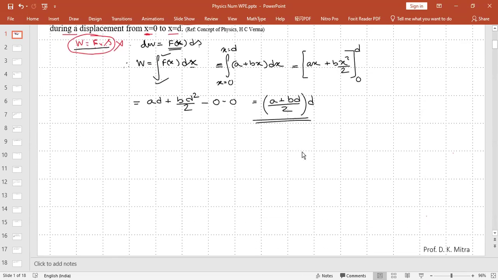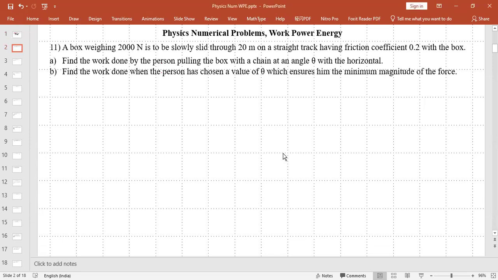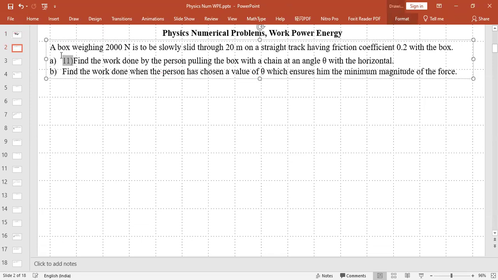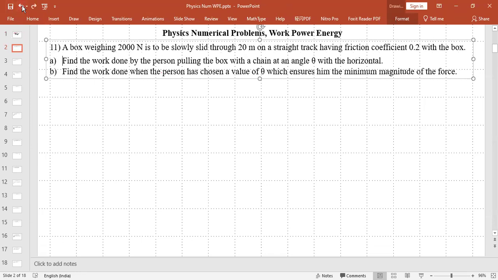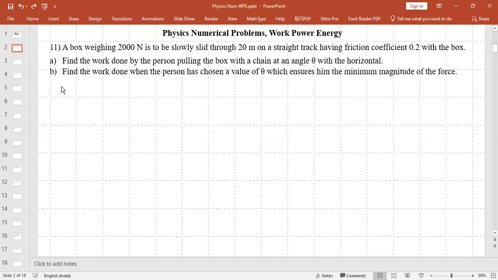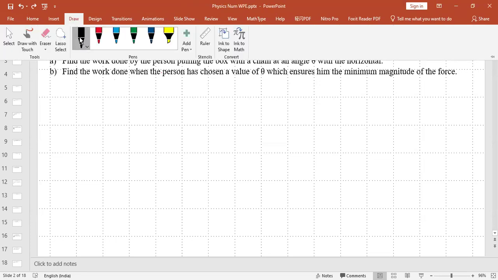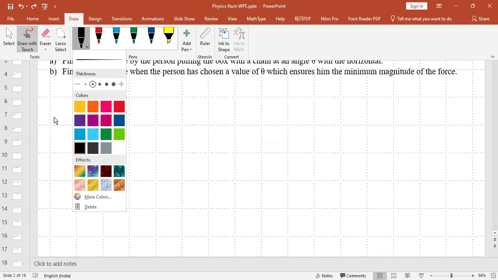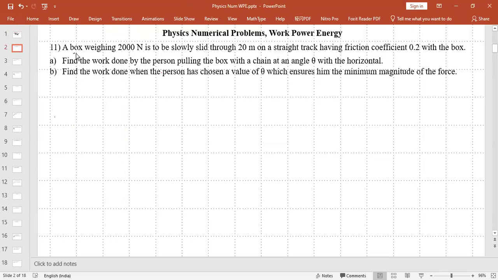Okay? Now we go to the next problem. This next problem is problem number 11 of your textbook. The problem is a box weighing 2000 Newton.